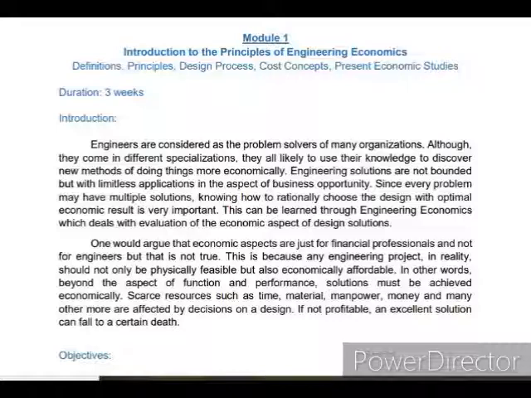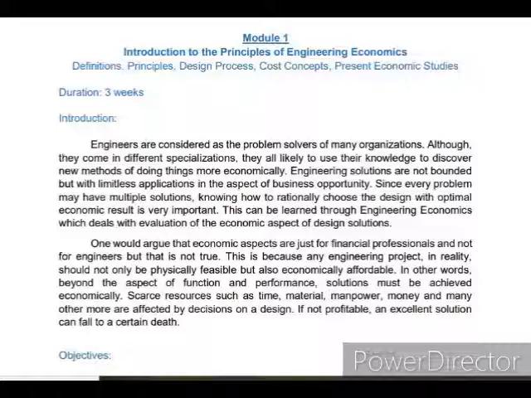So the study of engineering economics is very important for us. Engineering solutions are not bounded, but have limitless applications. That's why we have different engineering specializations. It has limitless applications in the aspect of business opportunity. Since every problem may have multiple solutions, knowing how to rationally choose the design with the optimal economic result is very important.